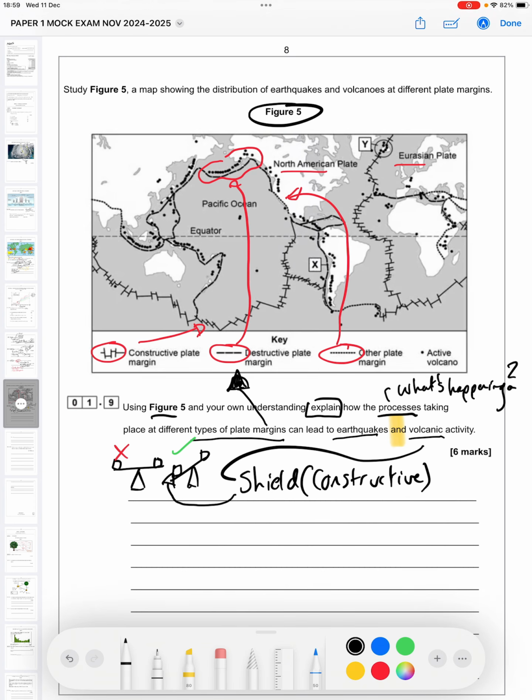The moral of the story with this question is it's quite easy to actually pick apart and figure out what they want. When you're using the figure, make it easy. So let's say you want to start off with your shield volcano.